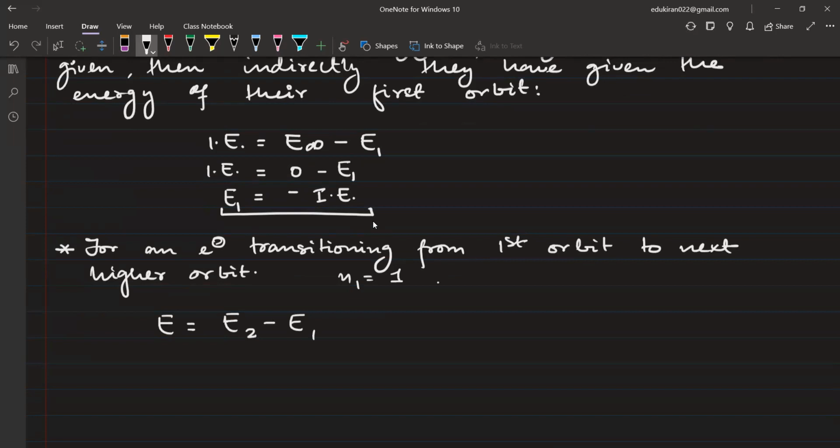N1 was equal to 1 and N2 is equal to 2. Starting from 1 we are going to 2.